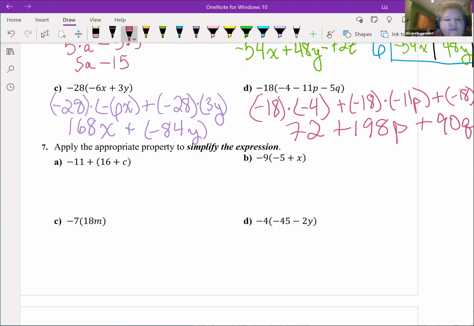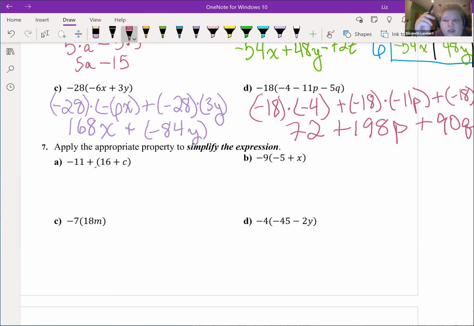So I have negative 11 plus 16 plus c grouped together. But the parentheses there, they're just sitting there for the associative property, but we don't actually need them. There's not a number between the plus and the parenthesis. If there was a number there, then we'd have to distribute. But with no number, or sometimes we consider it the invisible 1, because 1 times something is the same.